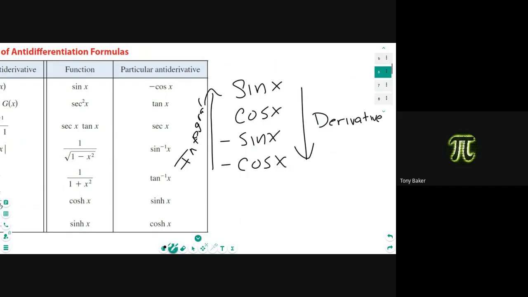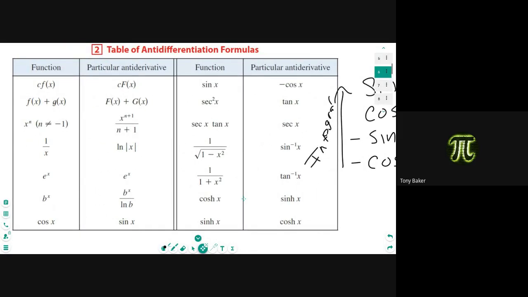Another one that's very easy to screw up because it's very similar. It's just the opposite direction. And sometimes it's literally just a sign change. Like sine of x goes to cosine of x in derivatives, but it goes to negative cosine of x in integration. So it's really easy to make those little mistakes. Now, a couple other ones.